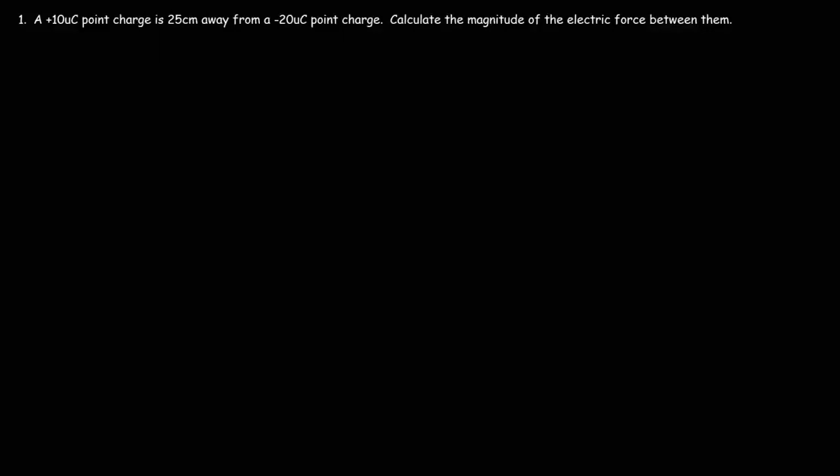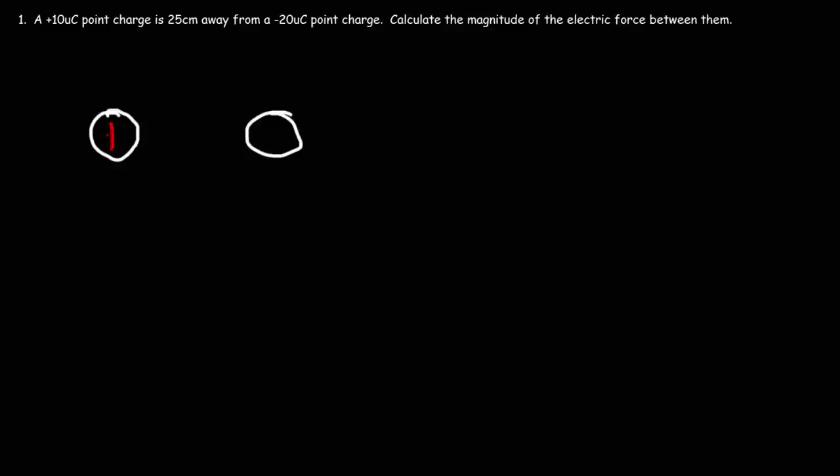Now let's work on some practice problems. Let's start with this one. A 10 microcoulomb point charge is 25 centimeters away from a negative 20 microcoulomb point charge. Calculate the magnitude of the electric force between them. So let's begin by drawing a picture. So we have two charges.